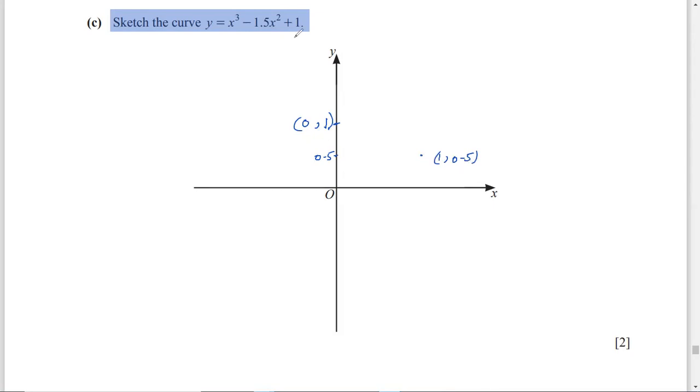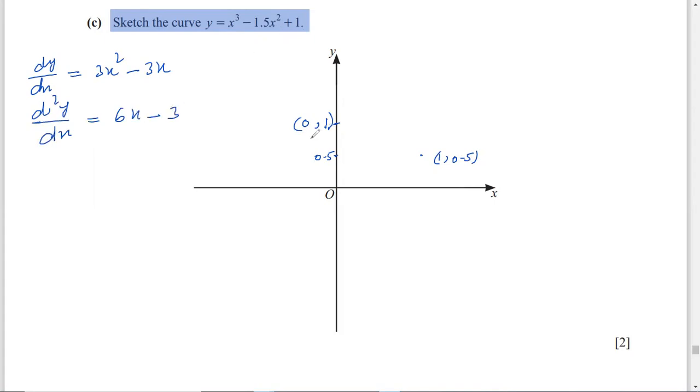But to give the reason, why this is a maximum point and this one is a minimum point, we can take help of the second derivative test. Because dy over dx is equal to 3x squared minus 3x, find the second derivative. d squared y over dx squared is 6x minus 3.